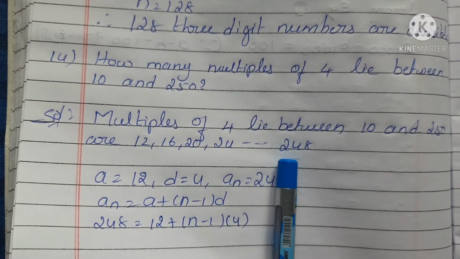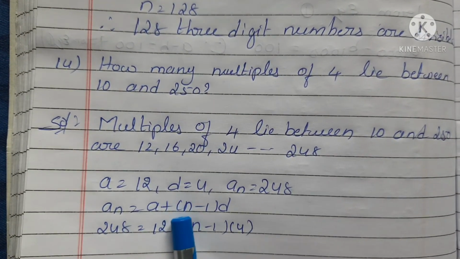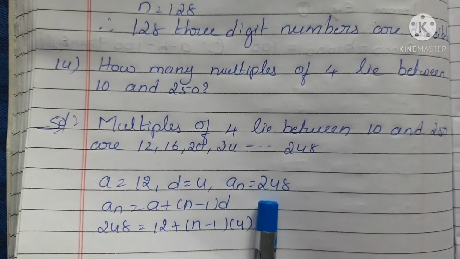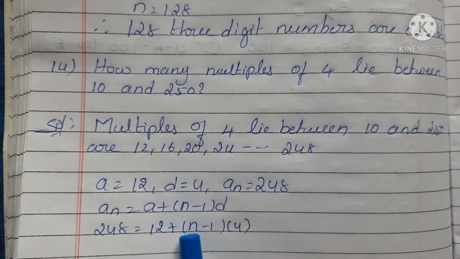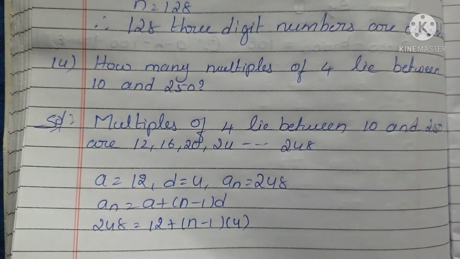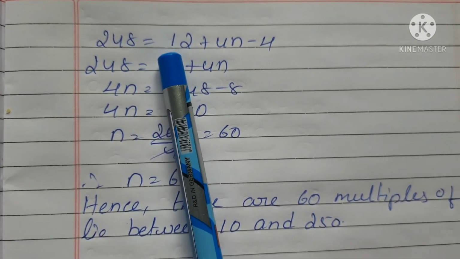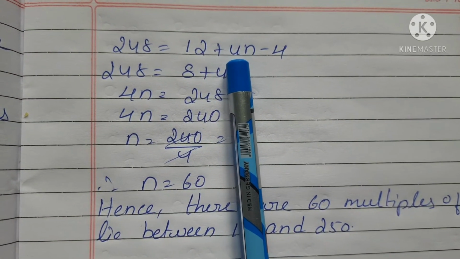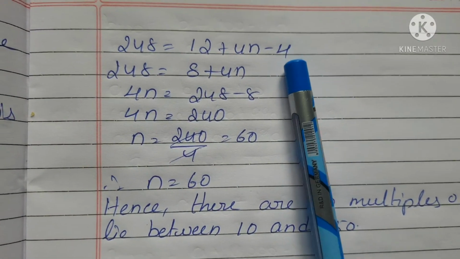AN is 248. AN is equal to A plus N minus 1 into D. Here the AN value is 248, equal to the A value 12 plus N minus 1 into the D value 4. So 248 is equal to 12 plus 4N, plus into minus gives minus 4.